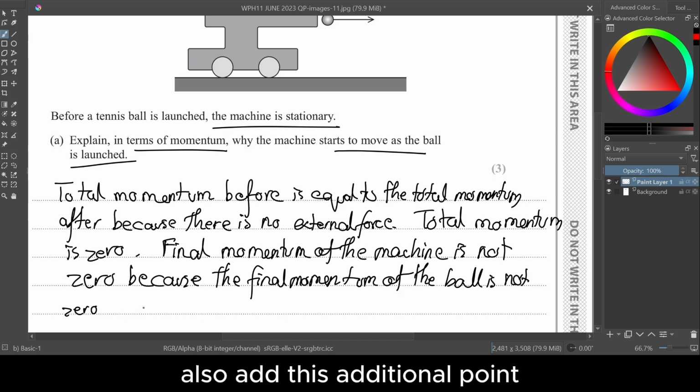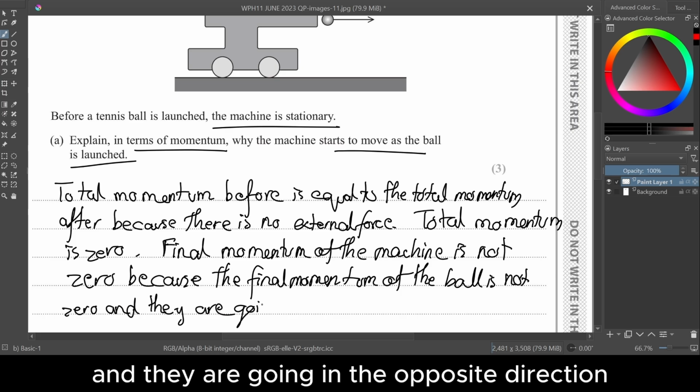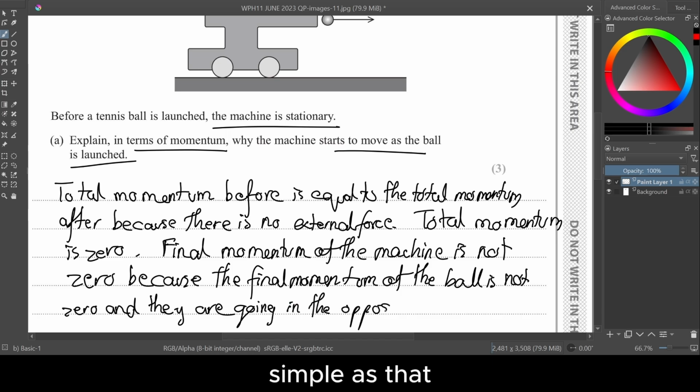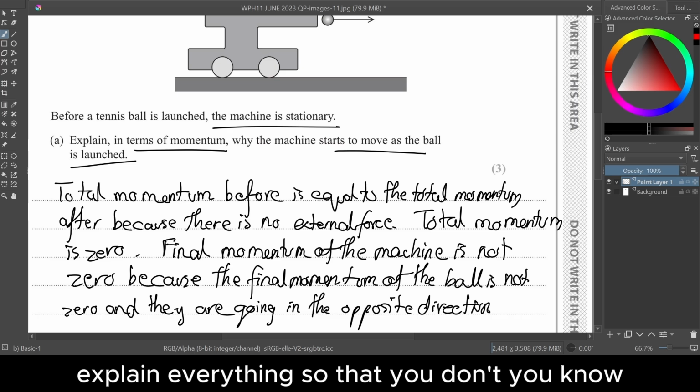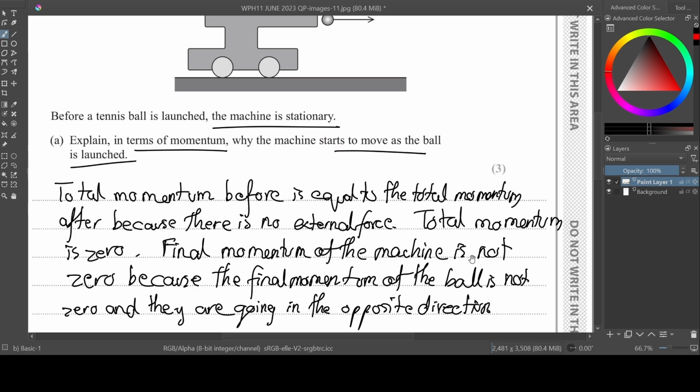Also add this additional point that they are going in the opposite direction. Simple as that. Explain everything so that you don't miss any valuable marks. Okay.